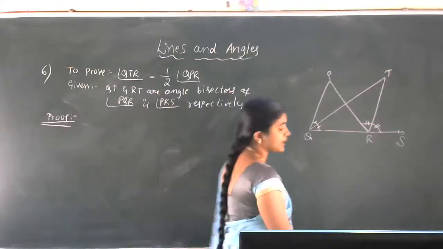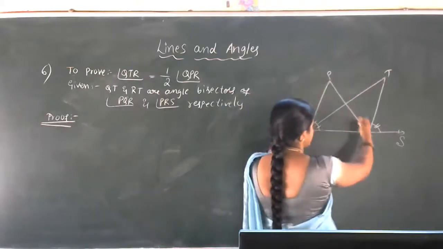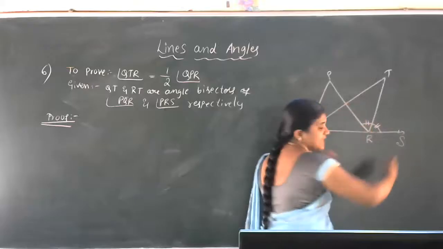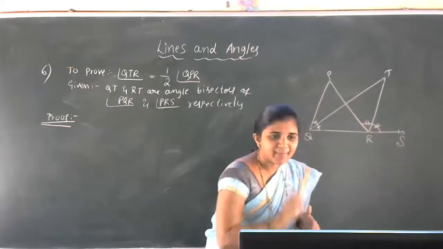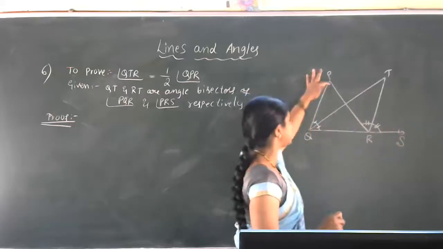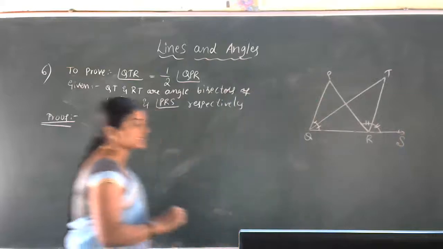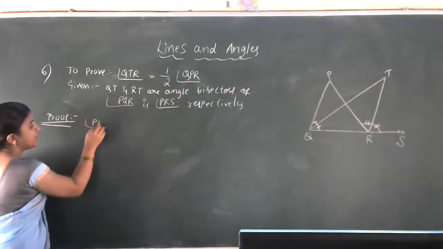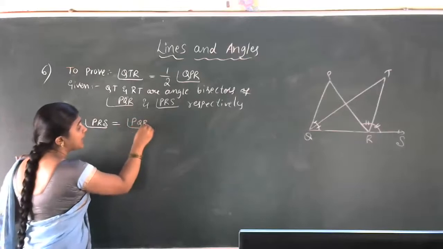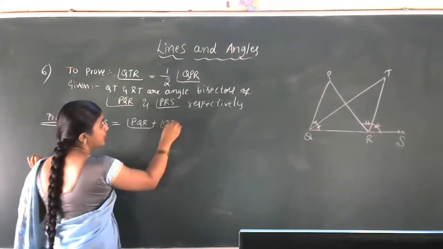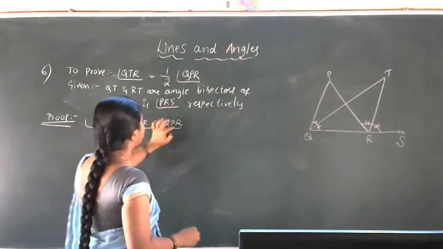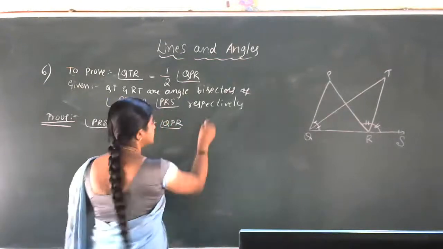Now, let us come to the diagram part. First, the triangle you just observed, PQR, is the first triangle. For triangle PQR, PRS acts like an exterior angle. Can we apply the exterior angle concept there? Angle PRS is equal to the sum of the two interior opposite angles. Angle PRS is equal to angle PQR plus angle QPR.